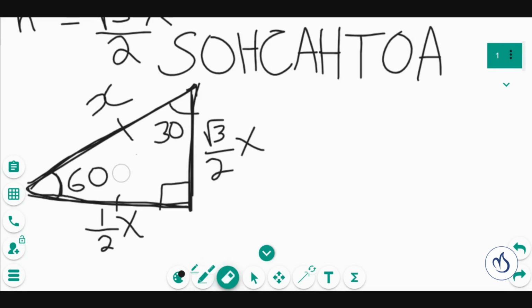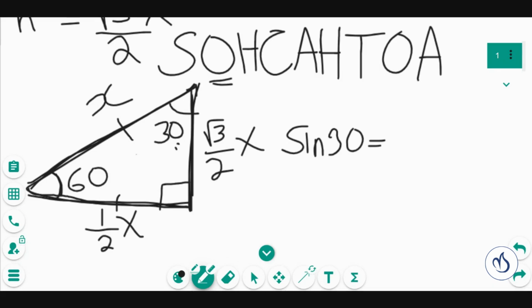Very good. If you understand that, then you are very well. So dealing with the 30, we said we want to prove that the sine of 30 is a half. So sine of angle 30, this angle 30 here, is going to be equal to the opposite, which is a half x.